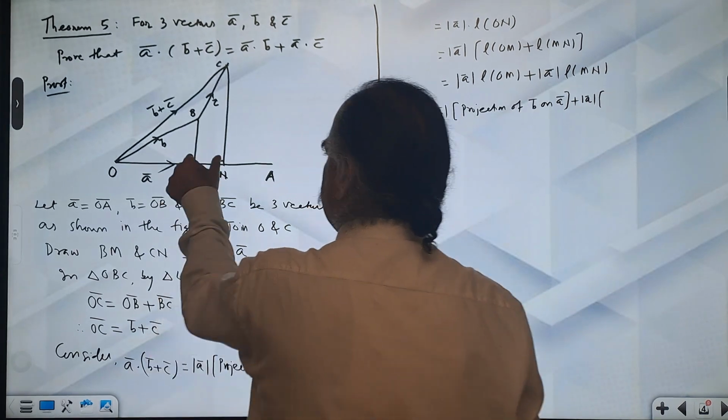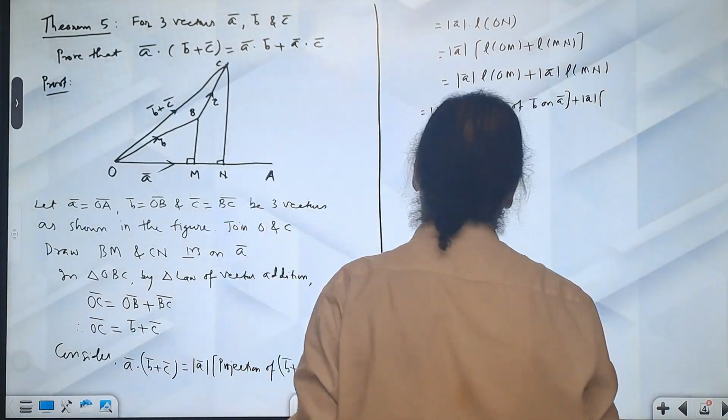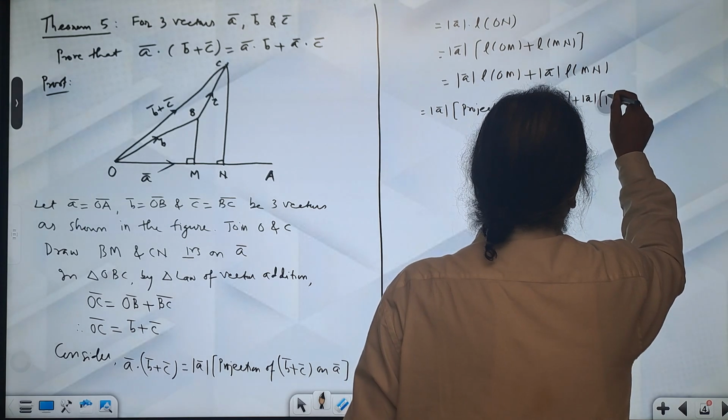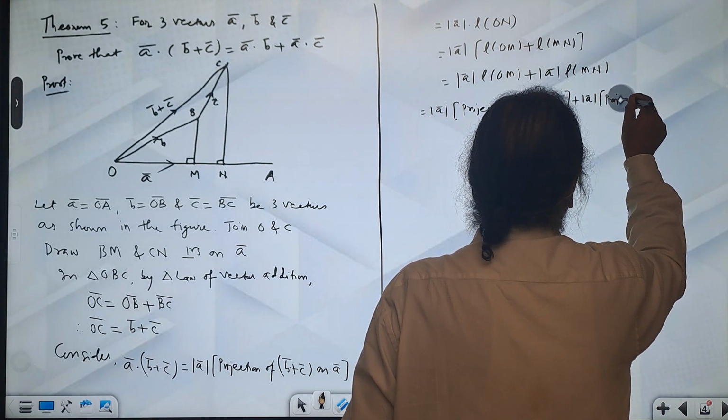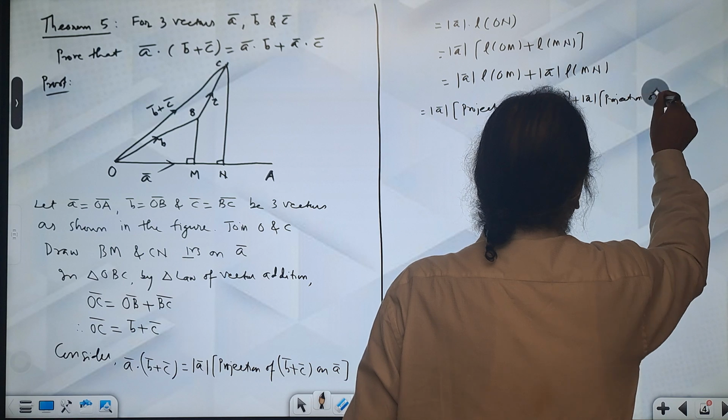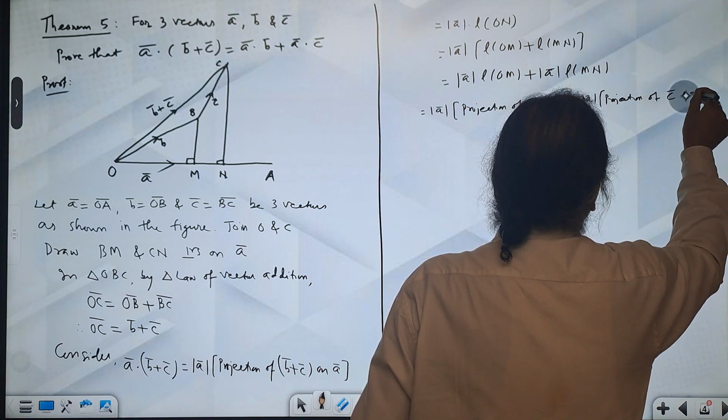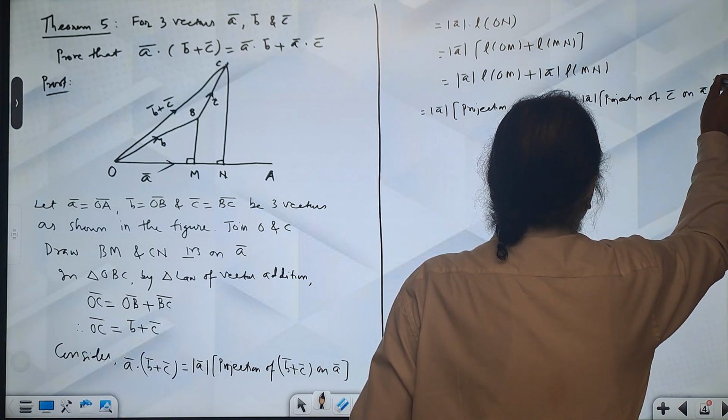And if you see the diagram, length MN is projection of C bar on A bar.